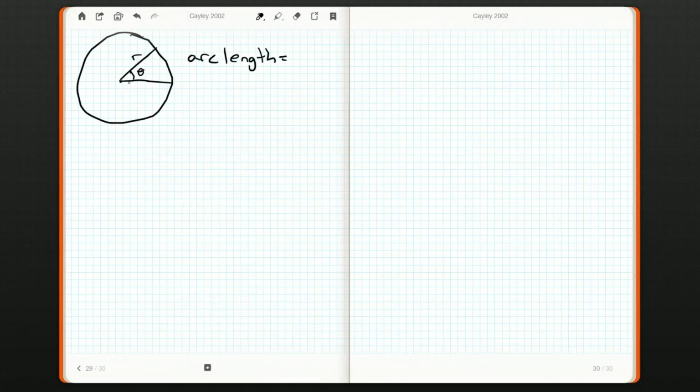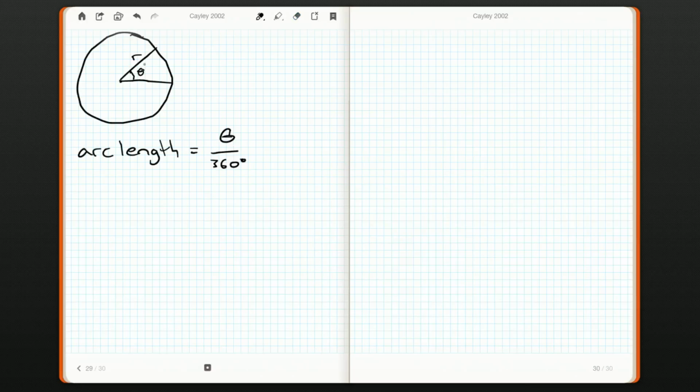Let's write down the formula a little lower so I have more space. I'll admit, I don't remember these ones off the top of my head. I just try and work them out. I know I'm going to have a theta in there, and it's going to be out of 360 degrees. It's like taking a percentage, or a fraction, of the circle. So theta degrees out of 360 degrees.